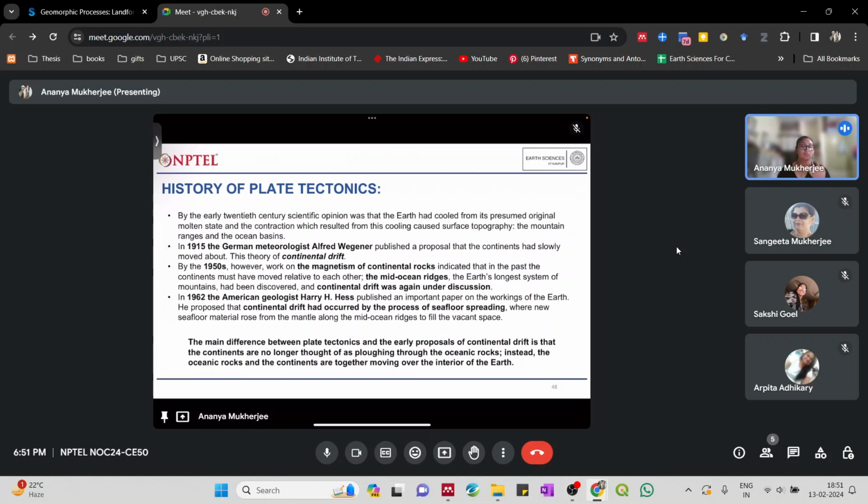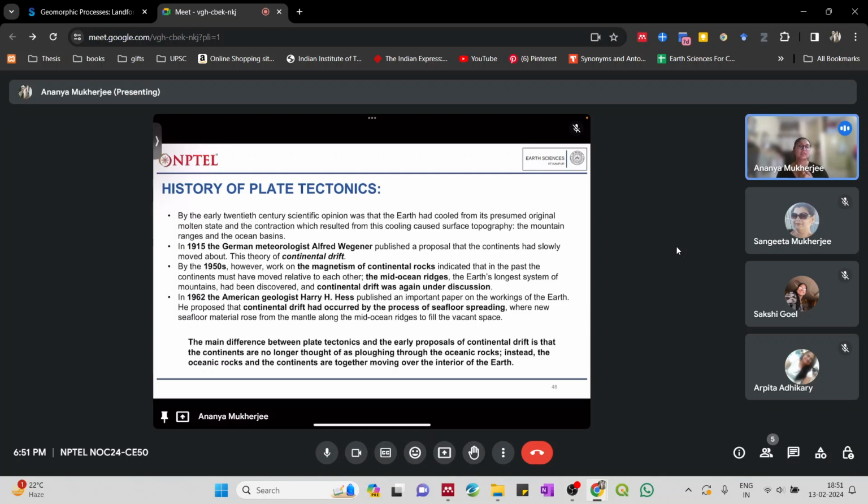So, that was one of the major shortcomings of Wegener's continental drift. Then with further research and studies, magnetism came into the picture.